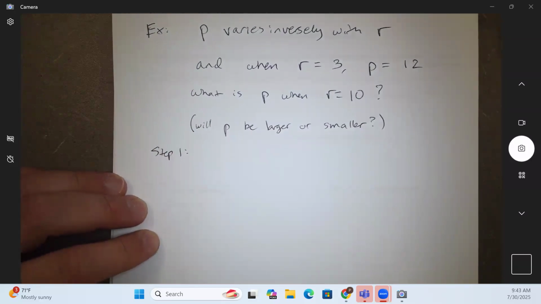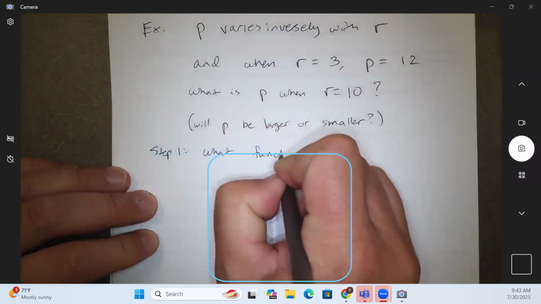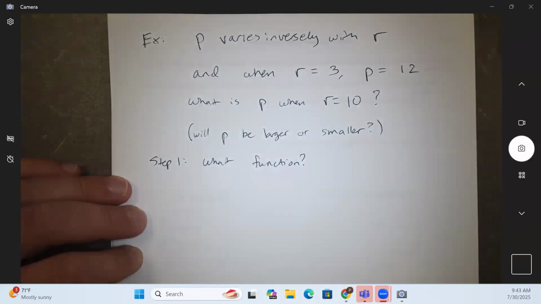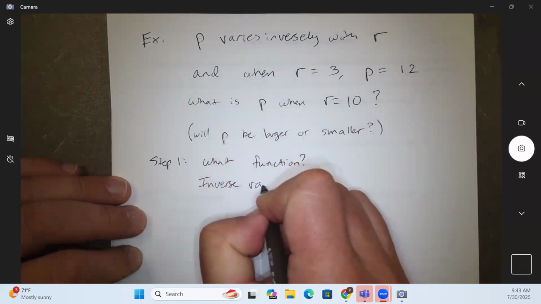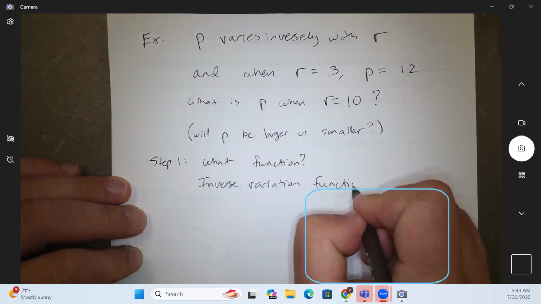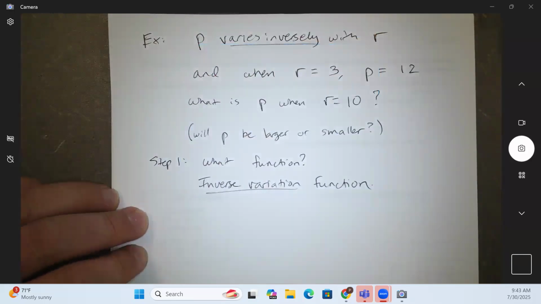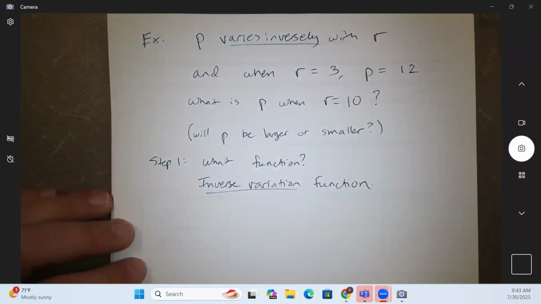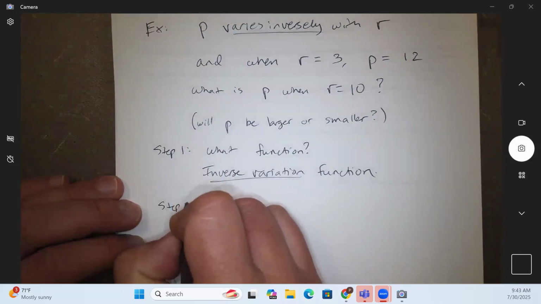Step 1. What function? This is an inverse variation function. And we have that nice clue right there. It says it varies inversely. Step 2.